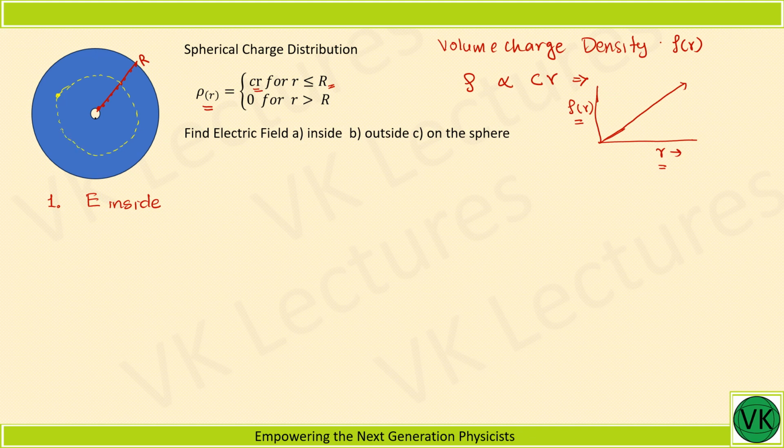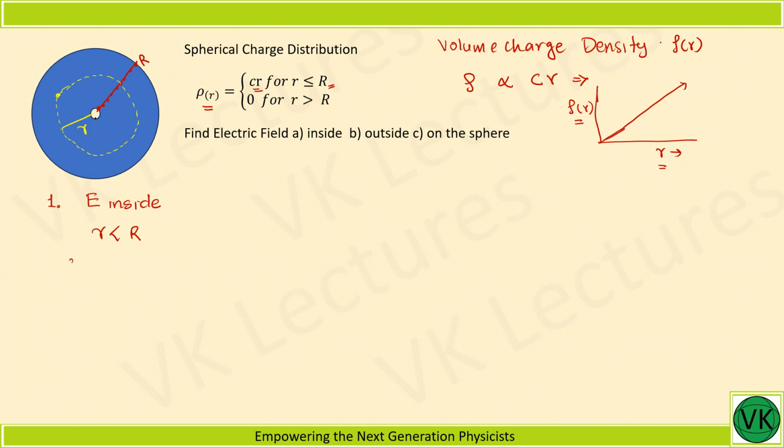This is the Gaussian surface with radius r. The value of r is less than the capital R, because this small r is inside. Since it is inside the sphere, the radius of the Gaussian surface r will be less than the radius of the sphere.